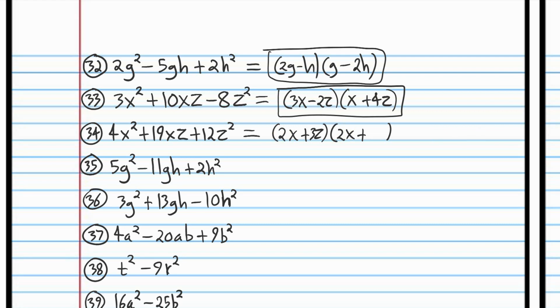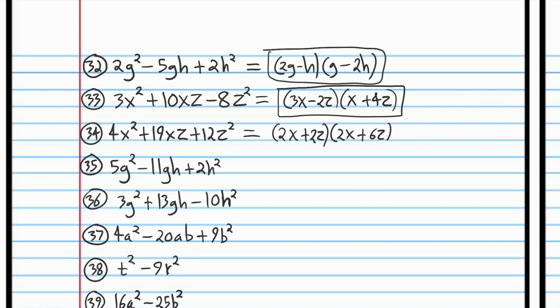So let's try 2z and 6z. And let's try to FOIL those out. O and I of FOIL. So outside terms, 12xz. And inside terms, 4xz. And if you add those up, you get 16xz. So you can see that didn't work either.